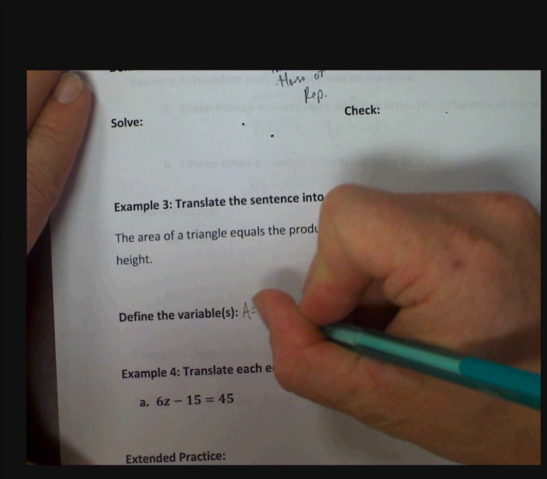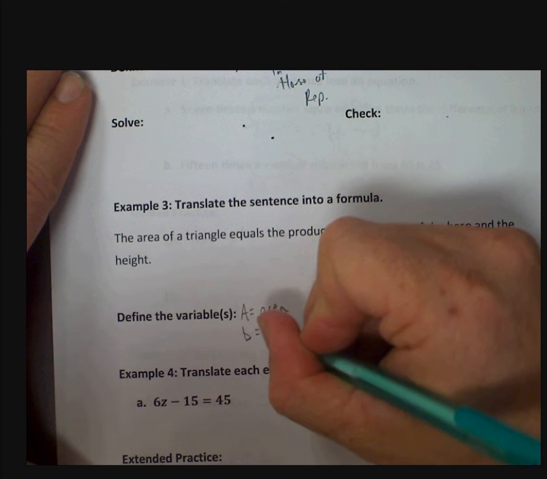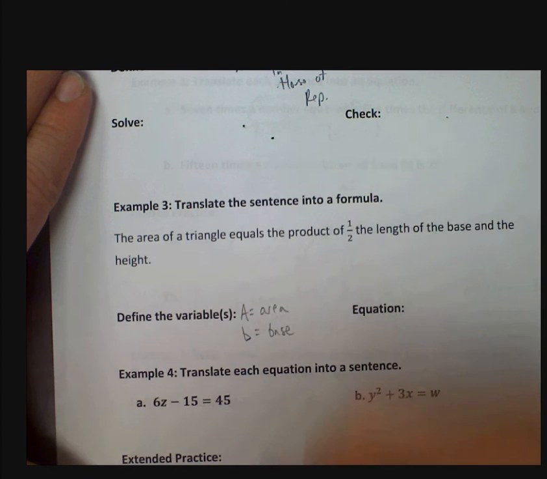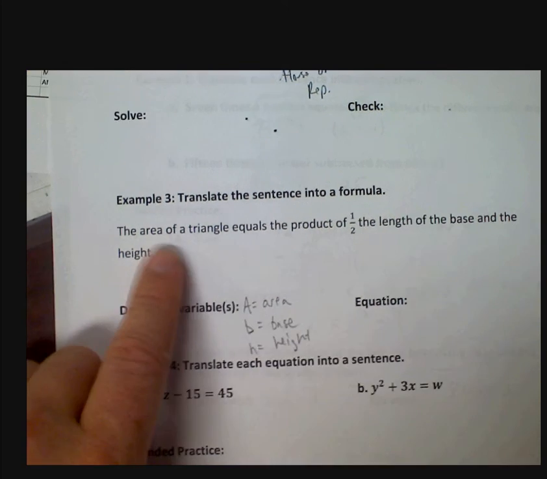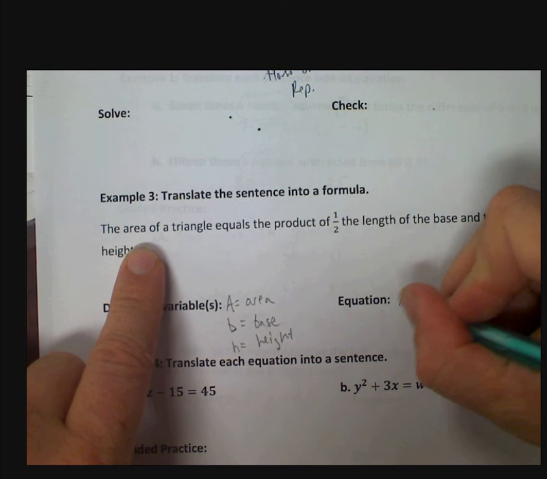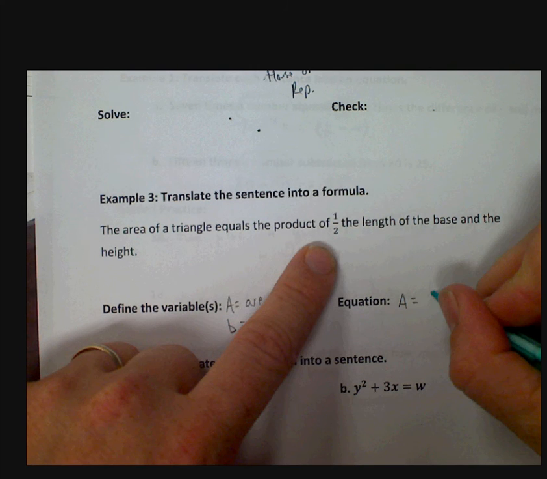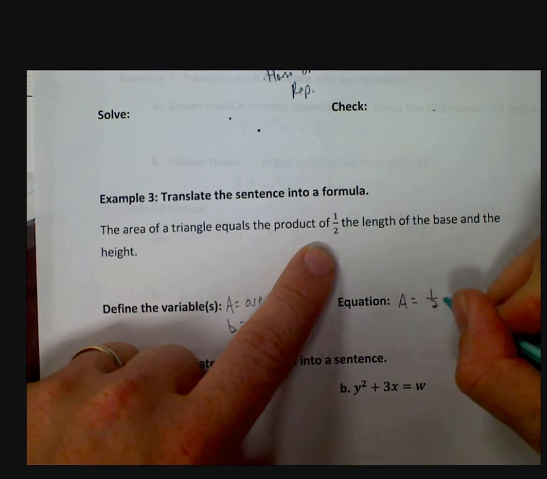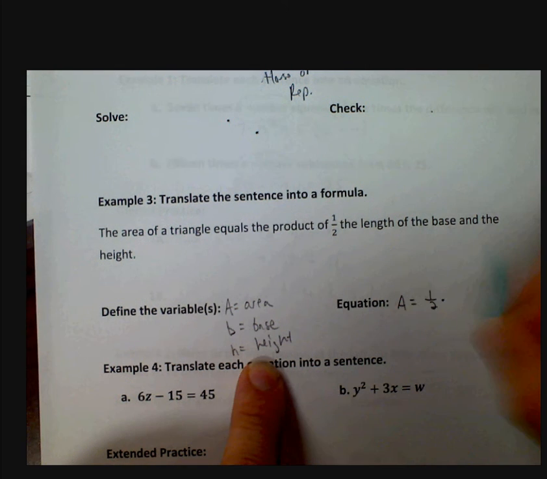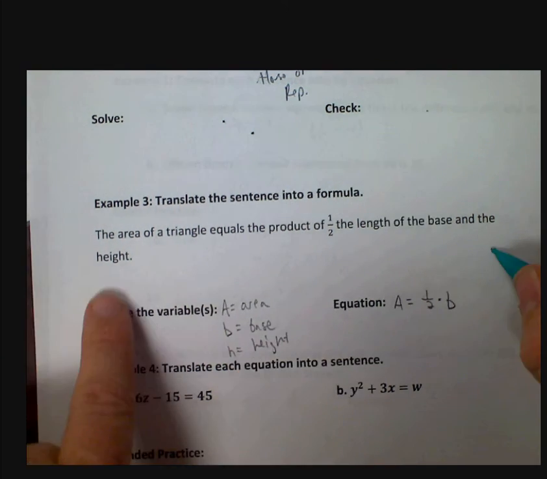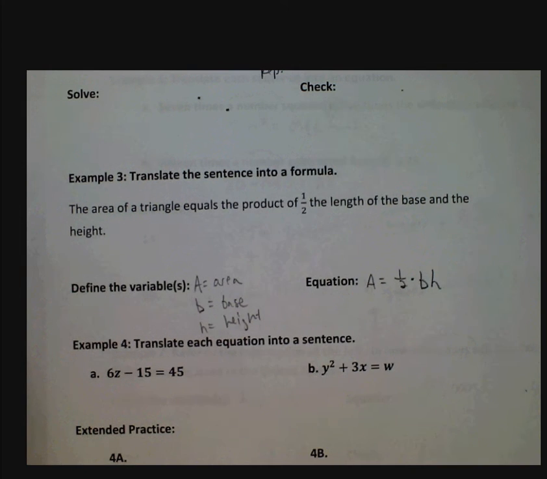A is our area, B is our base, and H would be our height. So A equals, product means to multiply, so 1/2 times the length of the base and the height. There's our equation.